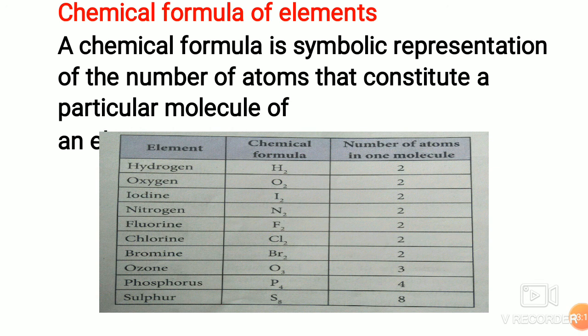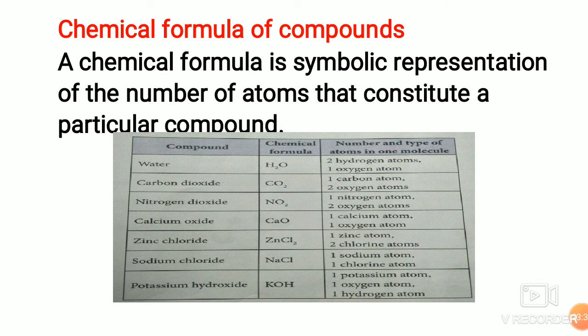Molecules that contain 3 atoms, ozone O3, right? This is triatomic. Molecules that contain more than 4 atoms, right? These are polyatomic, like sulfur S8, phosphorus P4. Yeah, these are polyatomic. Moving on, we will also learn about the chemical formula of different compounds.